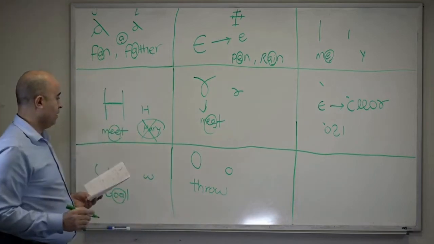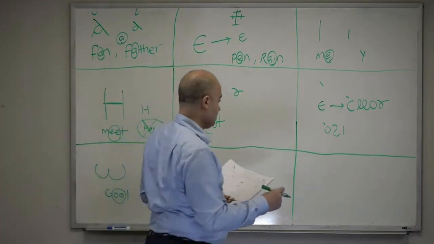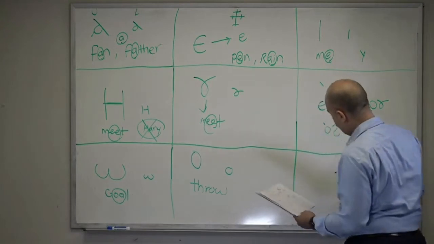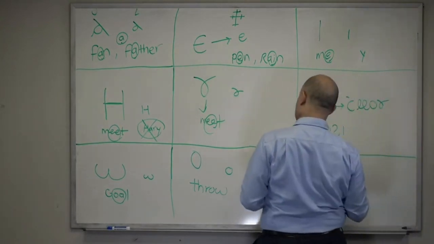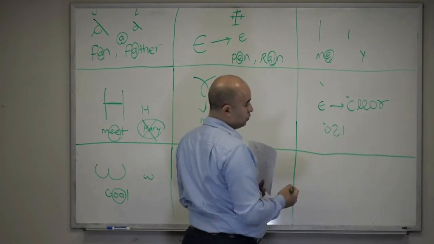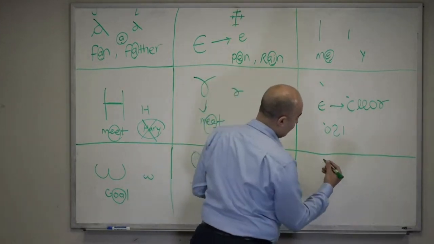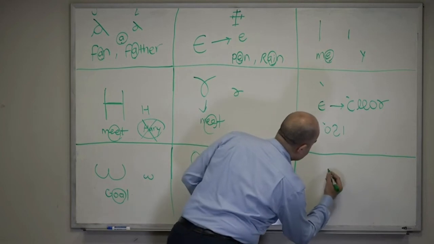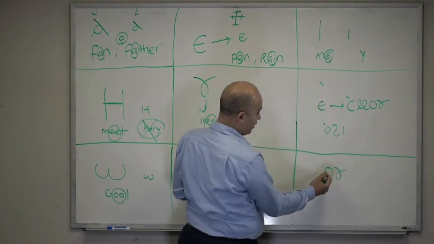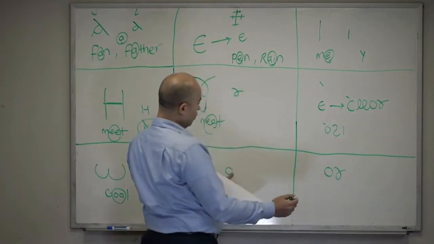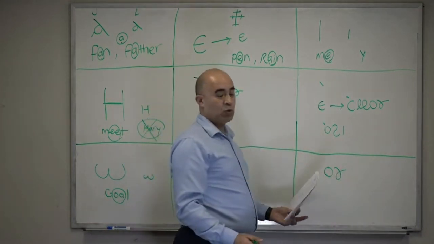And the next one, which is very unique, it's the oo sound. So oo is basically a combination of two letters that give you a new sound, which is basically that combination oo. So this is an epsilon. When you add the O to it, it gives you the oo sound.